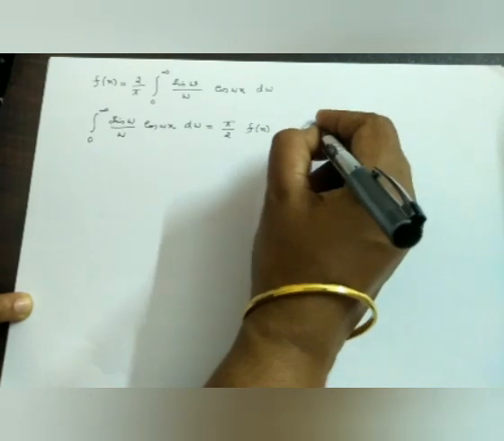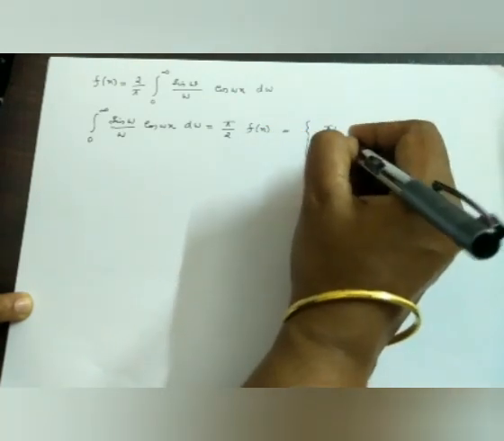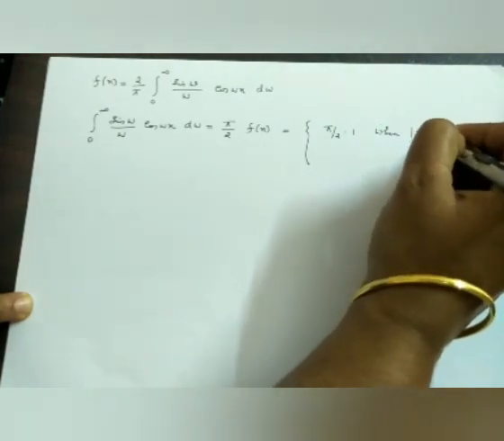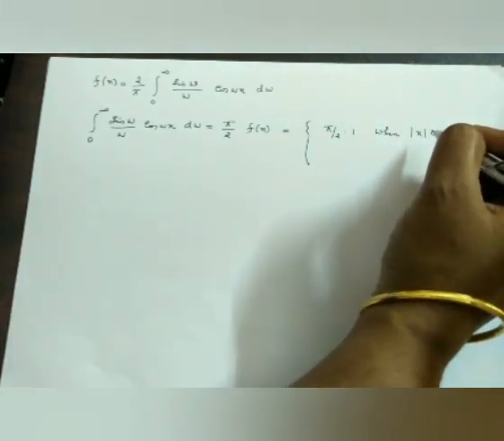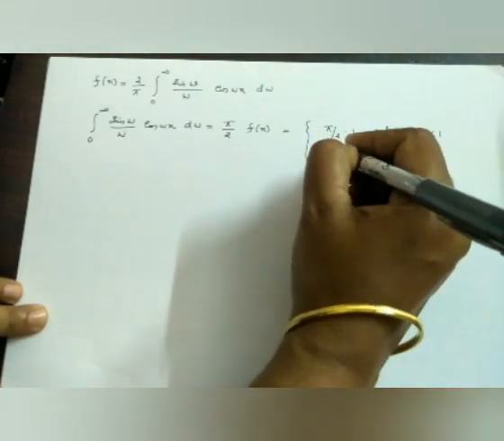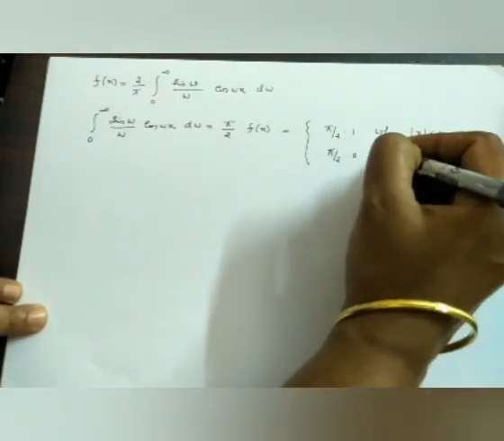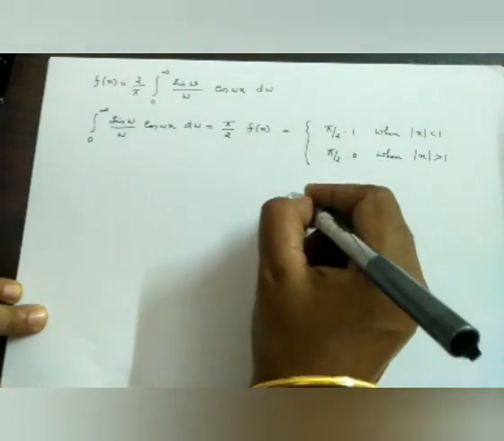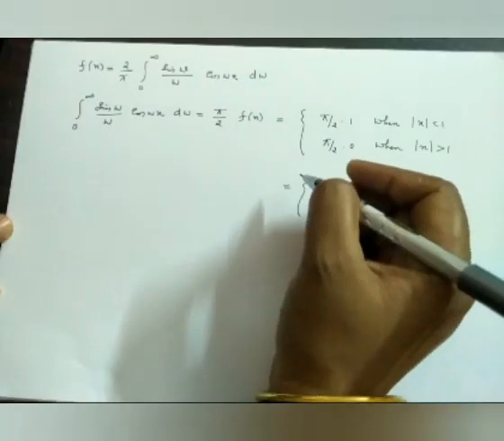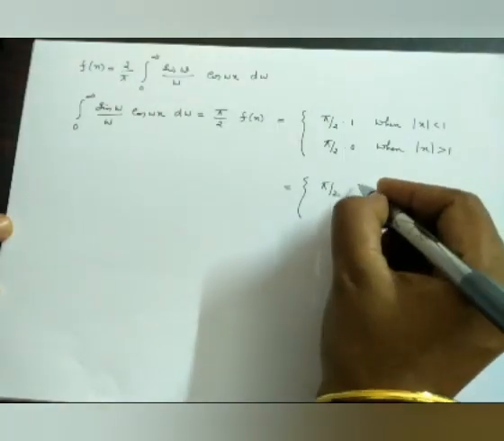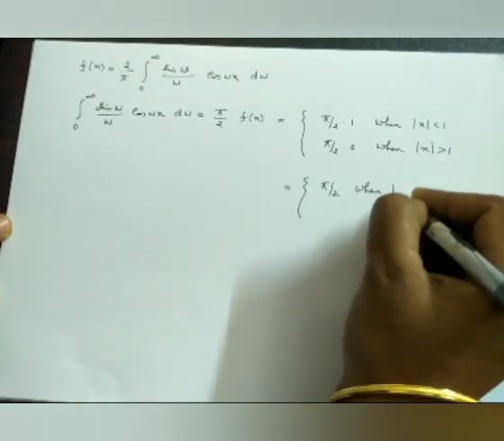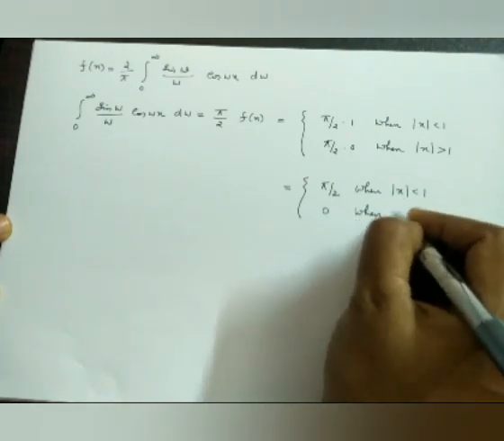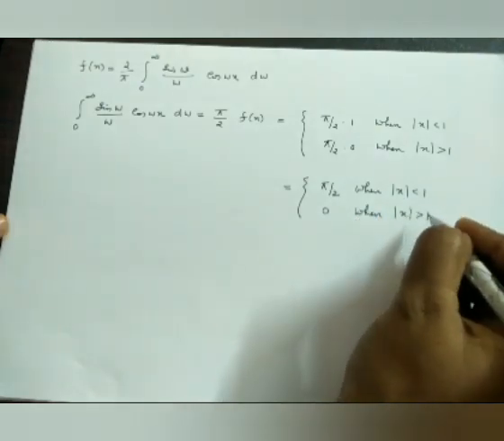And it can be represented as pi by 2 into 1 when mod x less than 1, because f of x is equal to 1 when mod x less than 1, and pi by 2 into 0 when mod x greater than 1. It is again pi by 2 when mod x less than 1 and 0 when mod x greater than 1.